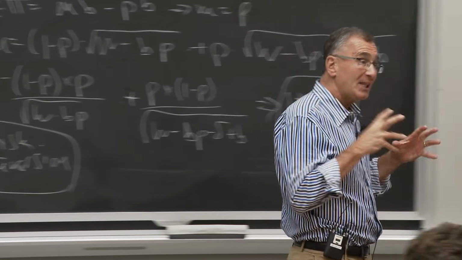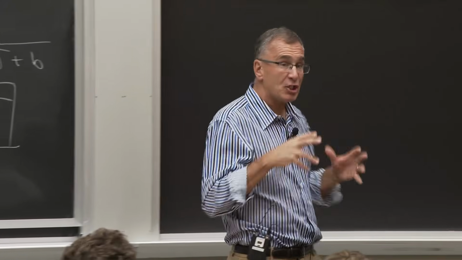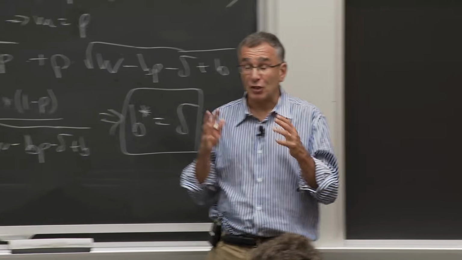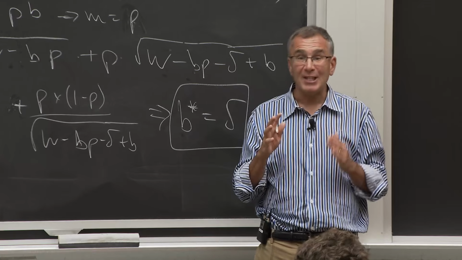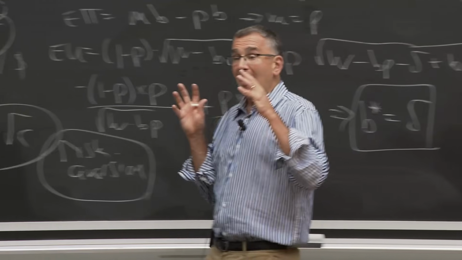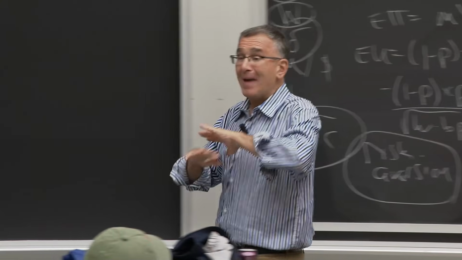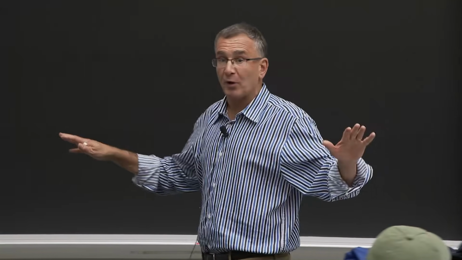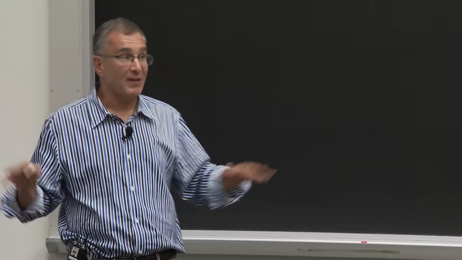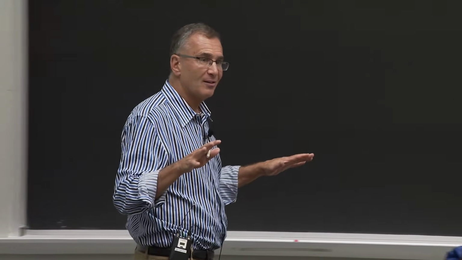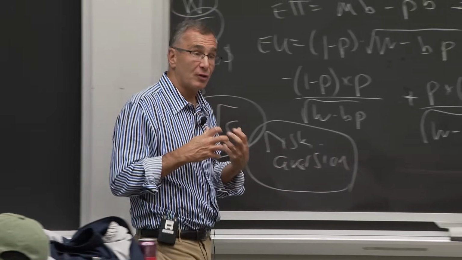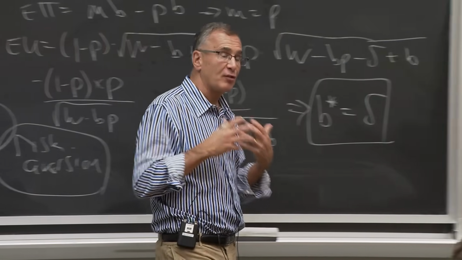The more rapidly your marginal utility diminishes, the more risk averse you are, because the more rapidly it diminishes, that's how quickly you get sad when things go south. So no matter your level of risk aversion, you'll always want full insurance. That's true as long as you're at all risk averse. In fact, it's true as long as you're not risk loving. But how much you care about full insurance will depend on how risk averse you are.